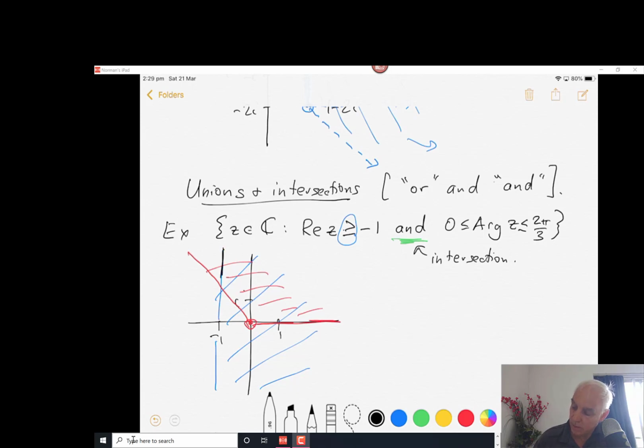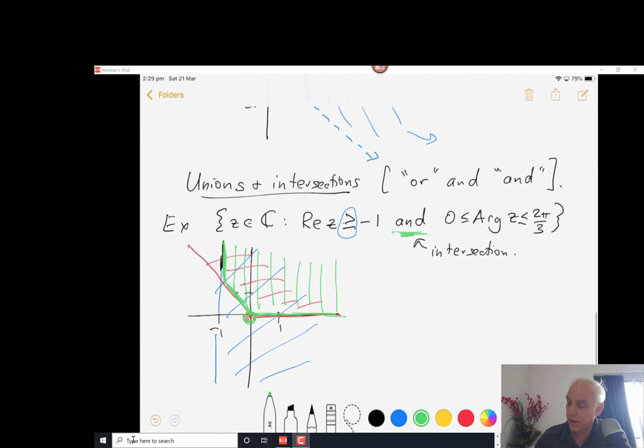So here, this is green. Here, everything that's both red and blue. There, and we should exclude the origin. That's an open circle there, and everything in here. All right. And with an or, well, then it's like that, but it's a union rather than an intersection.